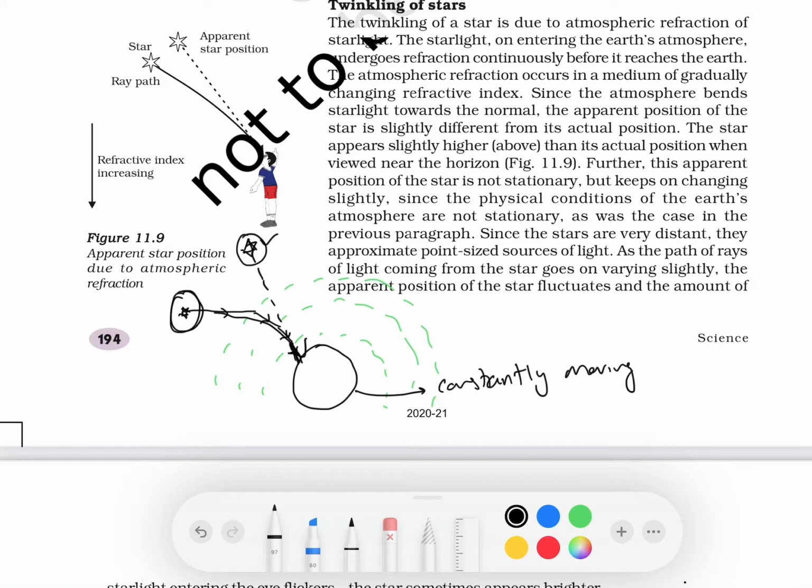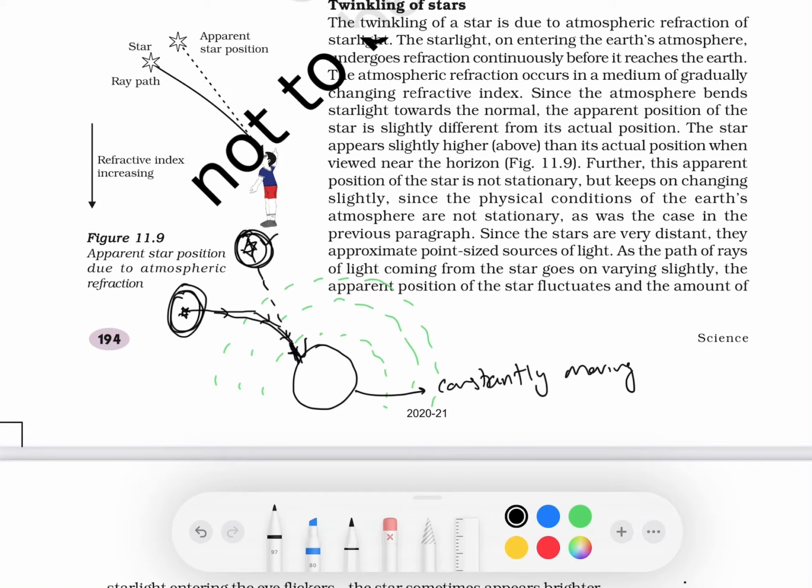It will change every second. So the image of this star which you are seeing here keeps on changing its position.